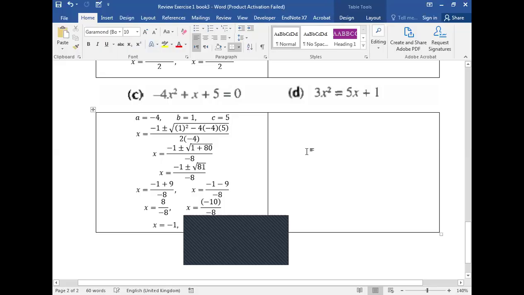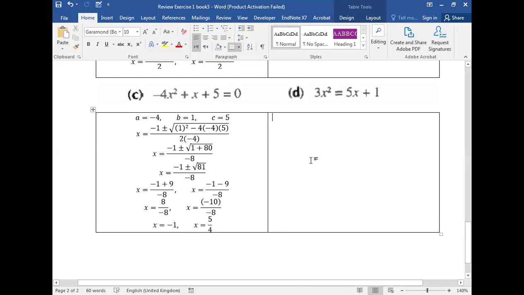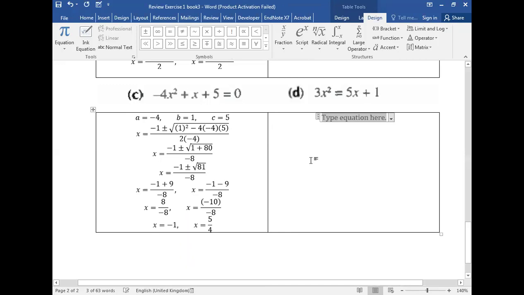So what about this one? Wrong. सबसे पहला काम इस पे क्या करना है? Very good. All the terms should be brought on one side.